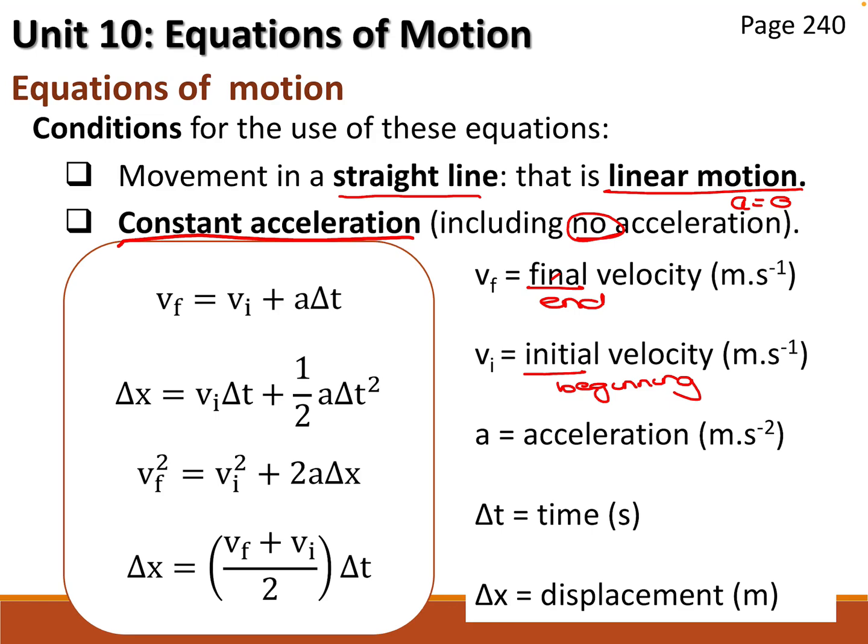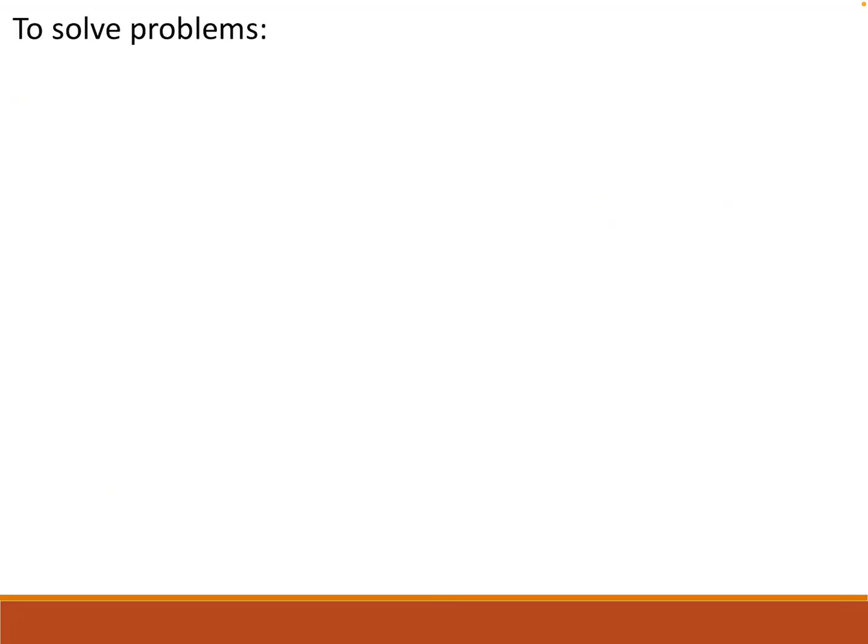You'll find for most of the equations at this stage, you'll probably use the first 3 equations the most. We don't use the last one as often as we think we will because of needing to know that acceleration remains constant. So you need to be careful when you use the last equation, because you really need to make sure the acceleration didn't change anywhere during the motion.